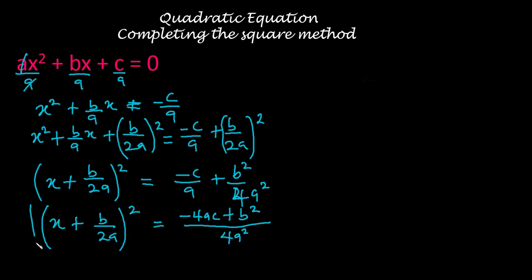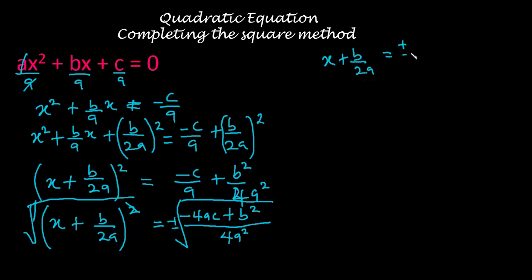Now when we find the square root of both sides, this becomes plus or minus. So this cancels this, and we now have x plus b over 2a is equal to plus or minus the square root of minus 4ac plus b squared over 4a squared.